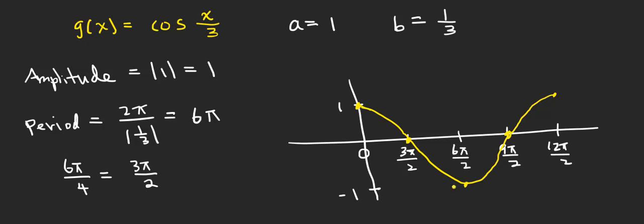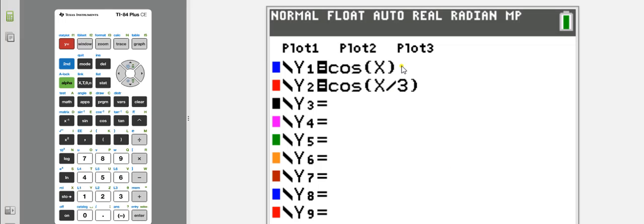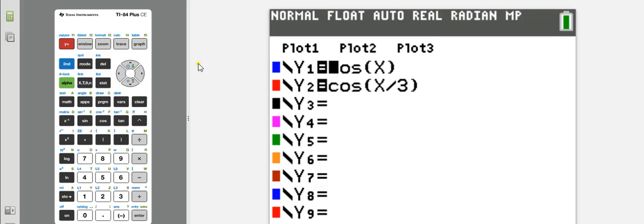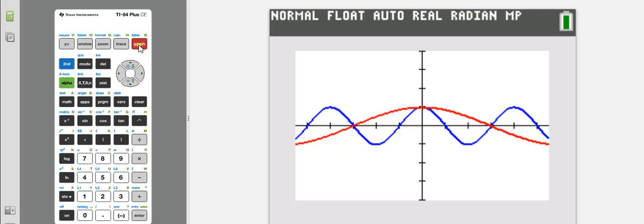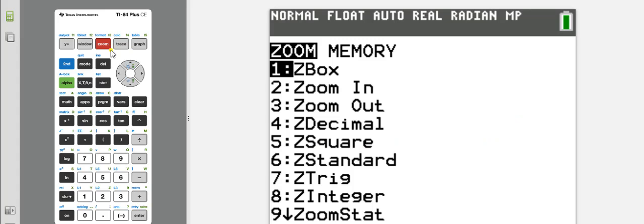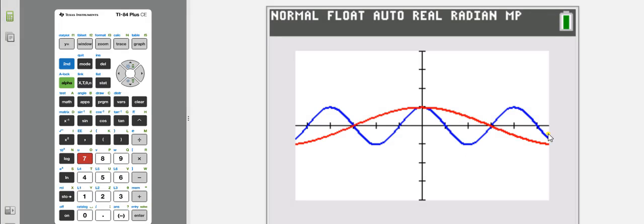Now let's use our graphing calculator to compare cosine of x over 3 with cosine of x. So I have cosine of x as my blue or white one, cosine of quantity x over 3 as y2 or the red graph. So let's graph this. Make sure you use zoom trig if your graph doesn't look nice.